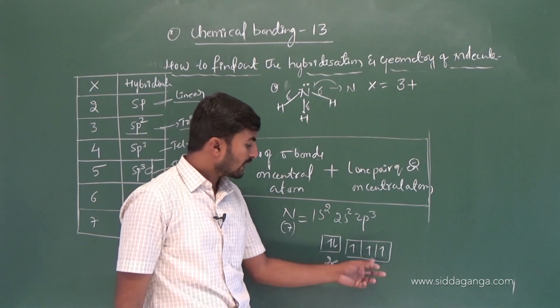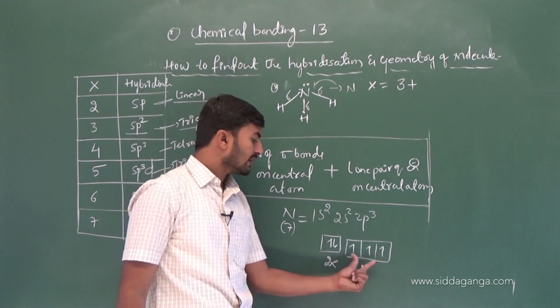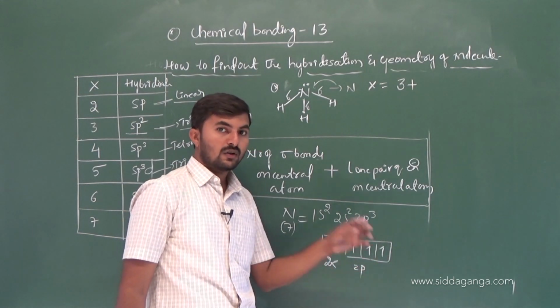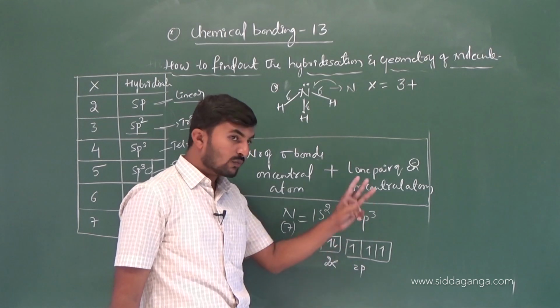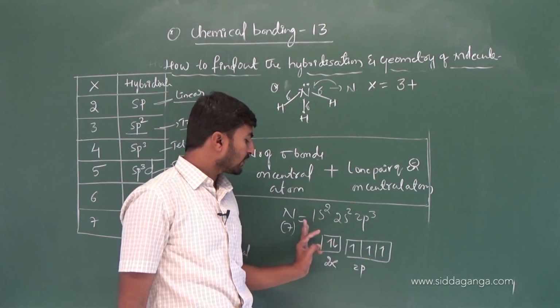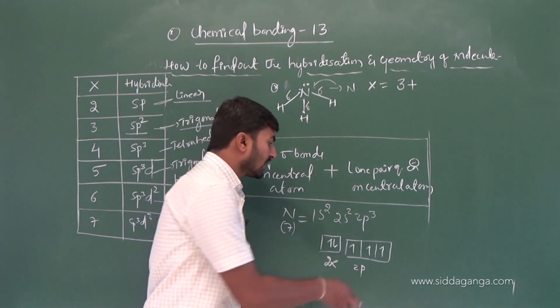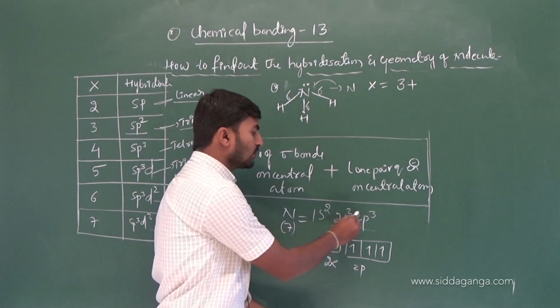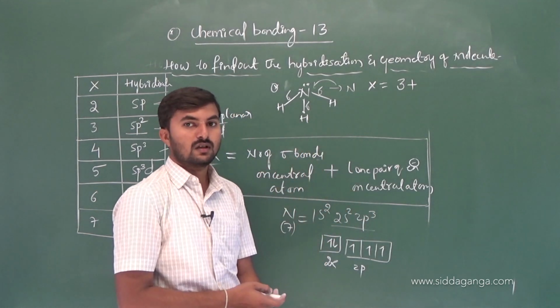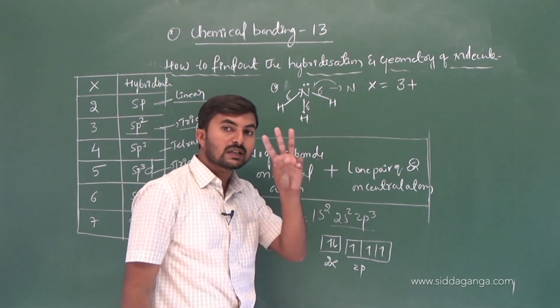The 2p atomic orbital has 3 half-filled atomic orbitals, which combine with 3 more electrons of other atoms. The valency of the nitrogen atom is 3 because in its valence shell it has 2 plus 3, 5 electrons in total. So, in order to get the octet configuration, it needs 3 more electrons.